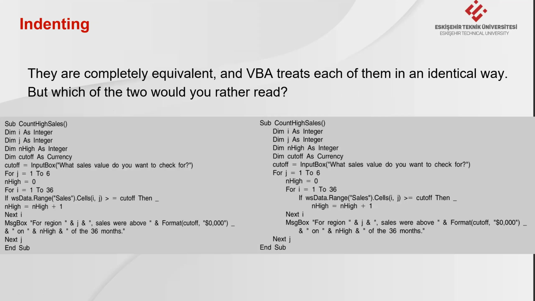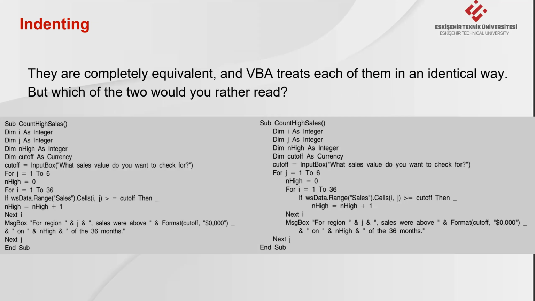Indenting. We have talked about this in our previous class, but they are completely equivalent, and Visual Basic treats each of them in an identical way, whether you have used indenting or not.